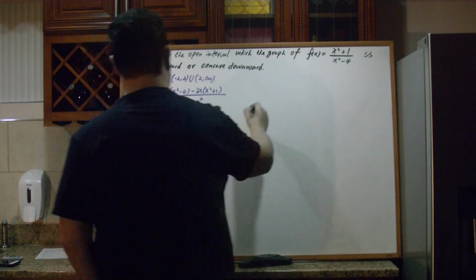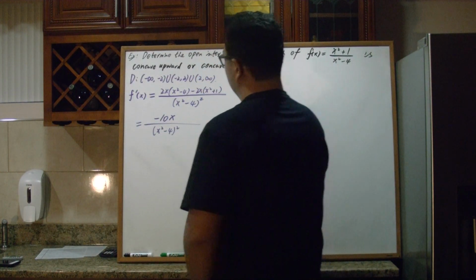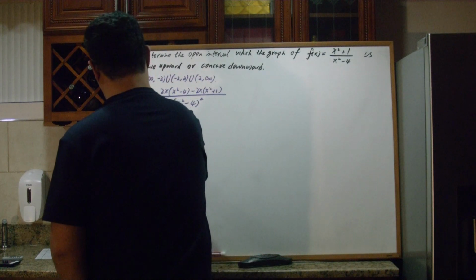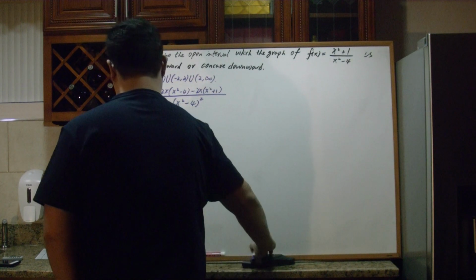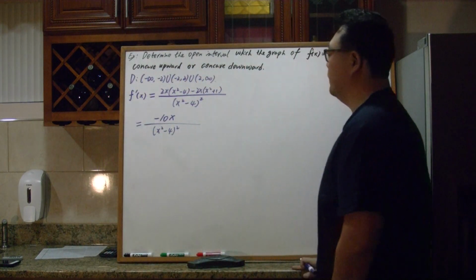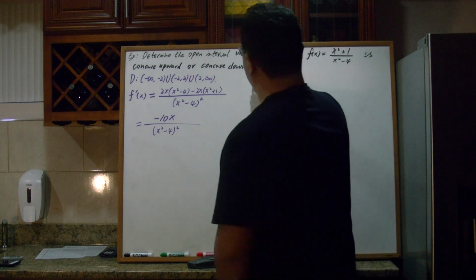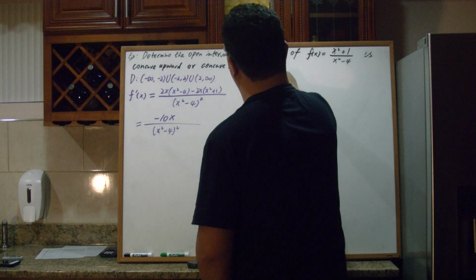So f double prime of x. For sure it looks like I will not have enough space, so write on the right side of f double prime, and we only use f double prime of x.